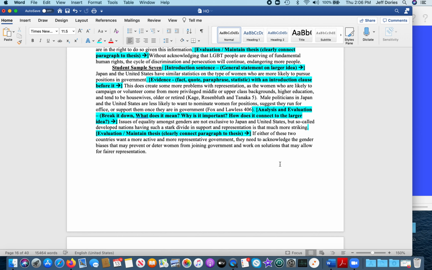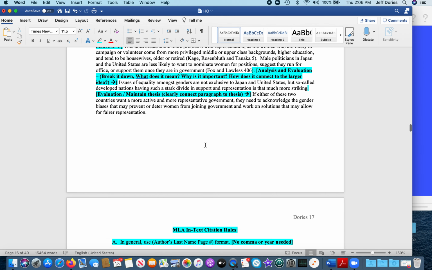"If either of these two countries want a more active and more representative government, they need to acknowledge the gender biases that may prevent or deter women from joining government and work on solutions that may allow for fair representation." Outstanding, right? That is evaluation. That's maintaining your thesis. You can tell what her thesis is about, right? So the big adjustment I recommended for her was more specific, precise analysis. She does everything else well.